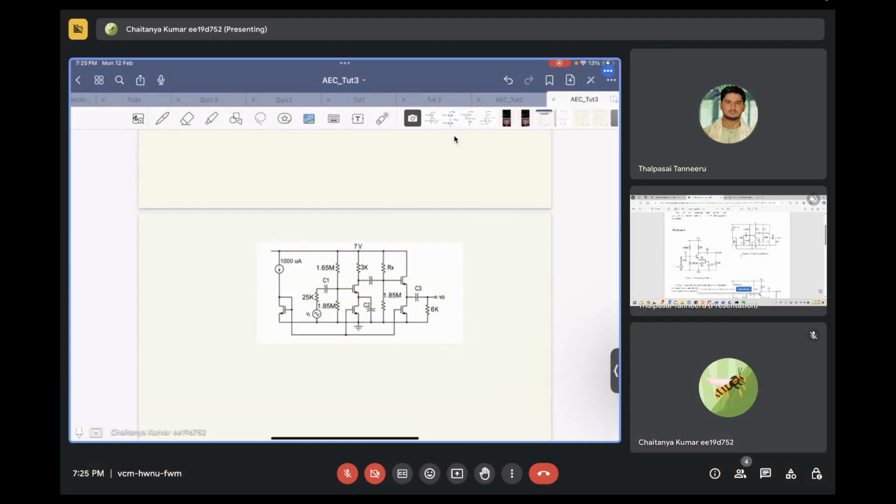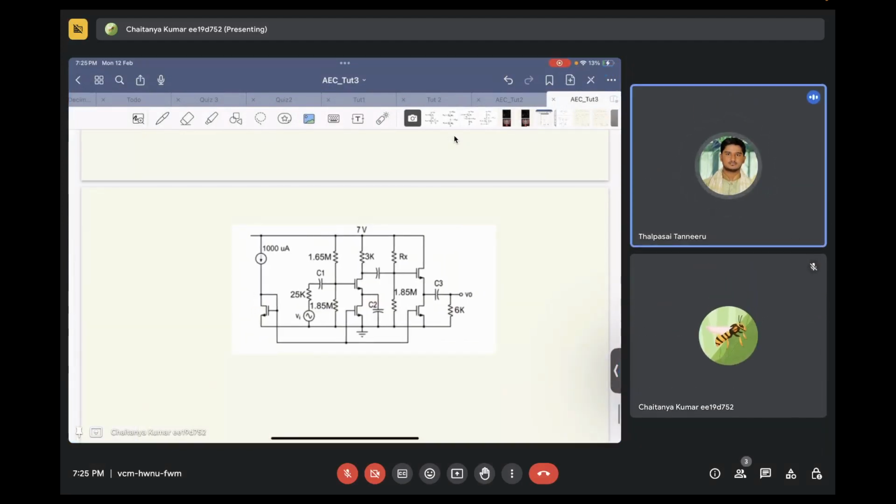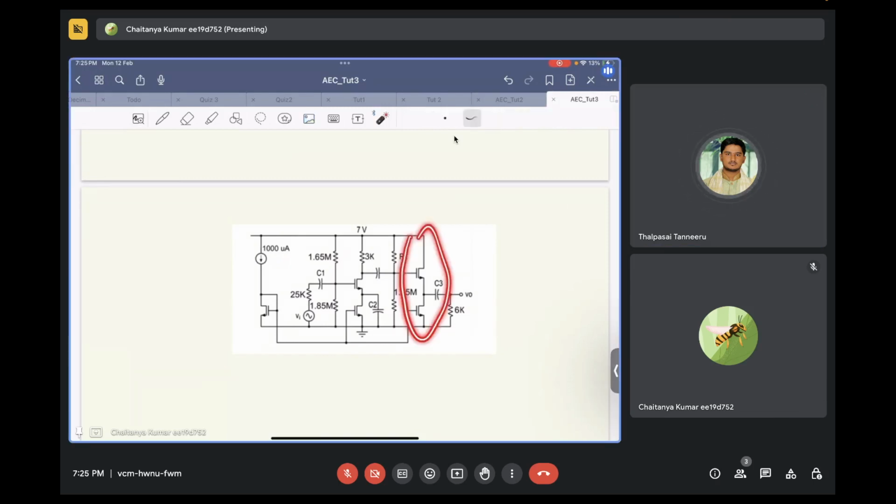Can you see my screen? Yes, sir. Okay. So this you said is a common drain transistor. Why? Your drain is connected over here. The input comes from here and output goes over here. Similarly, at this place, your C2 will get shorted, right?